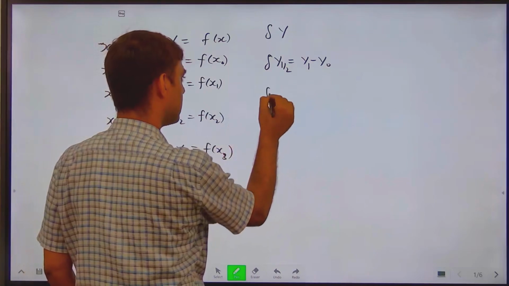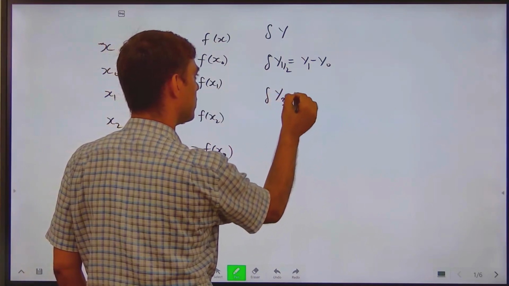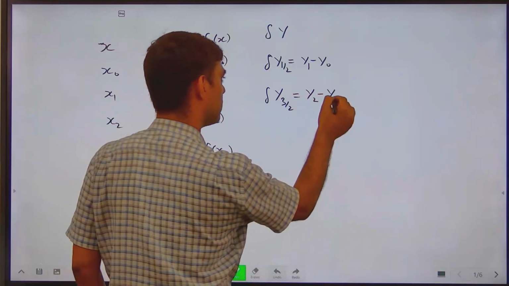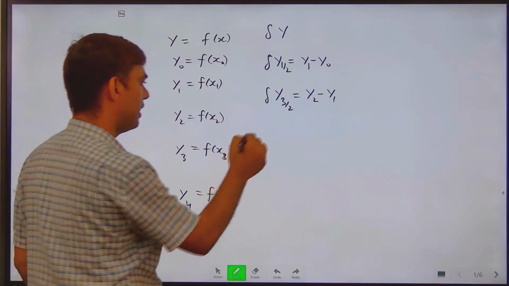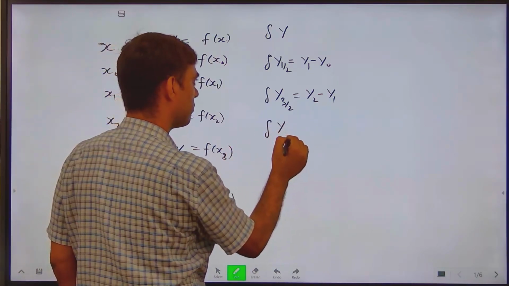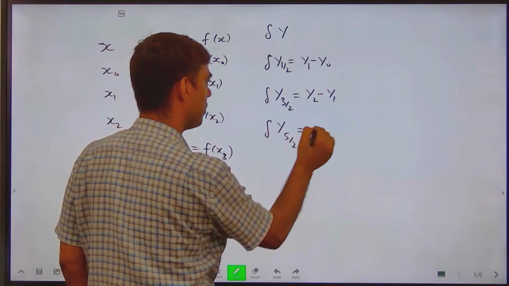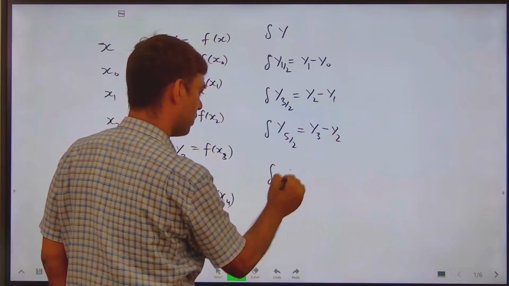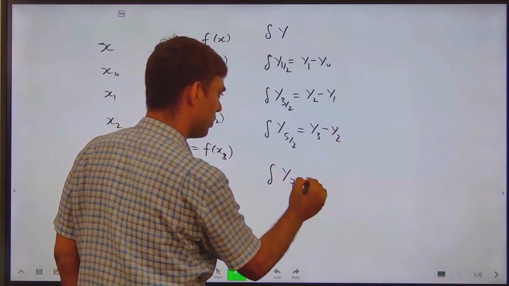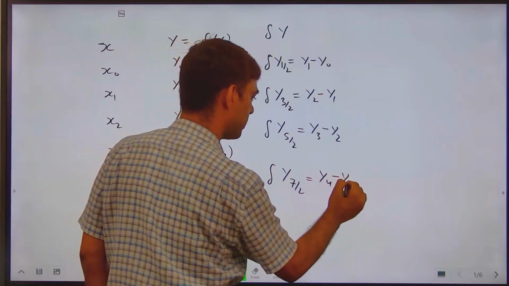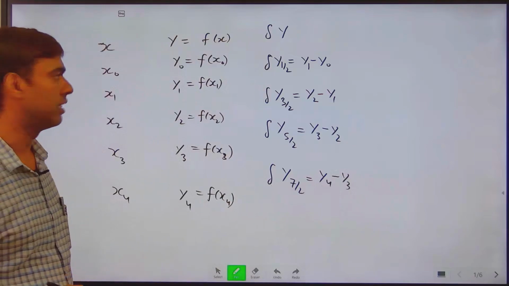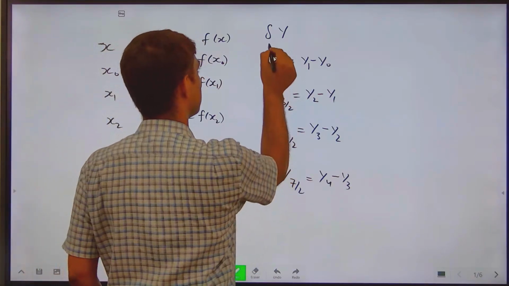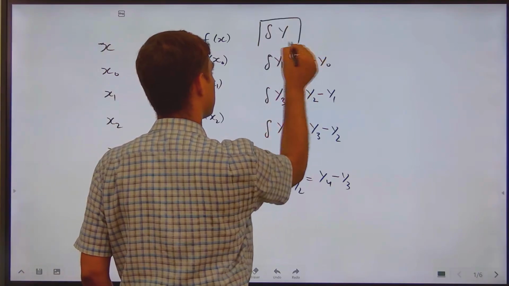Similarly, delta y3 by 2 equals y2 minus y1, delta y5 by 2 equals y3 minus y2, and delta y7 by 2 equals y4 minus y3. So, this one is the first order central difference.